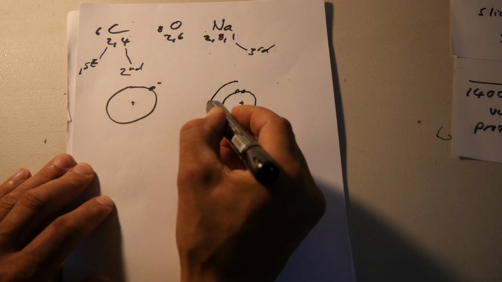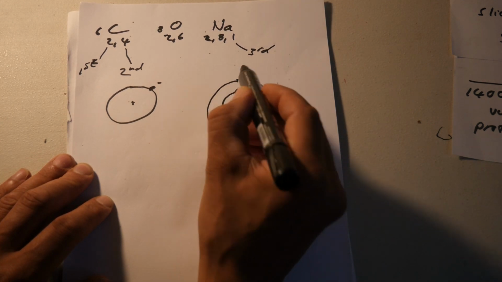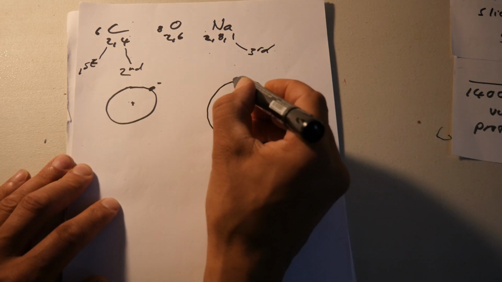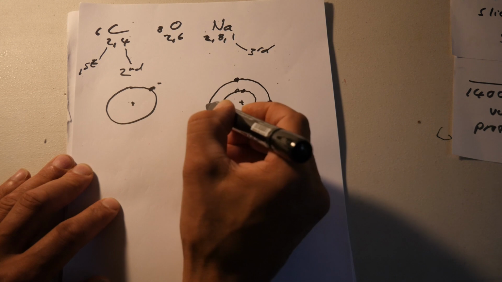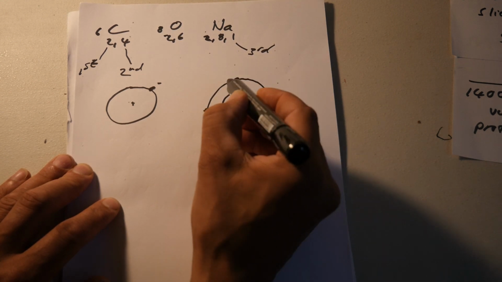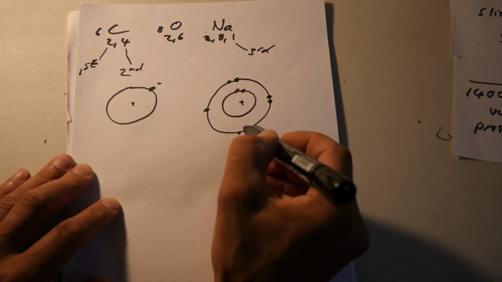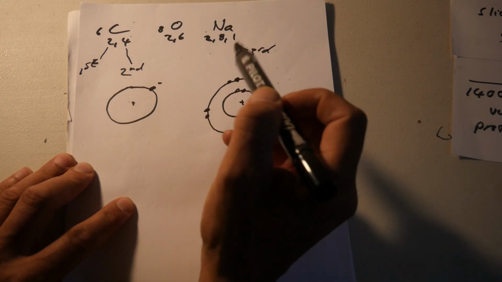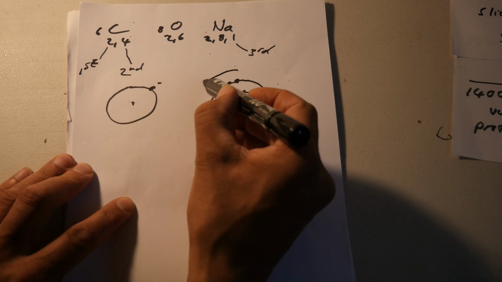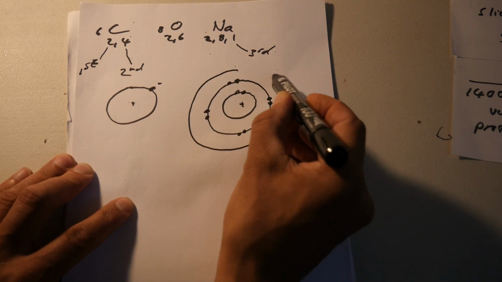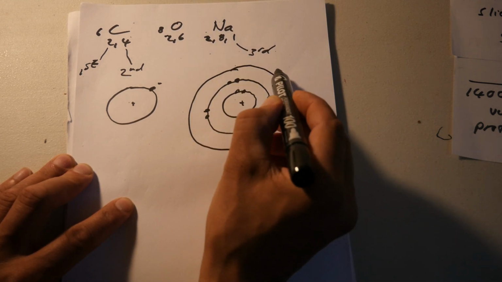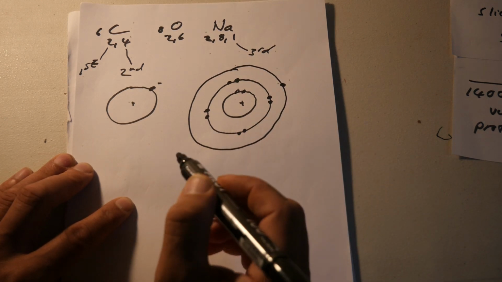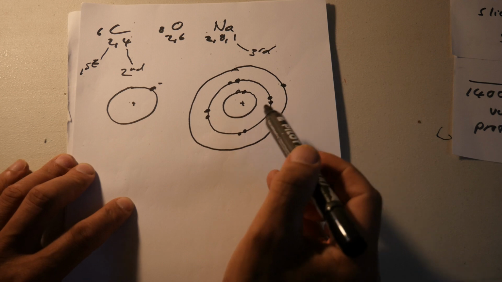Then you have a second shell where you have 8, so you have 1, 2, 3, 4, 5, 6, 7, 8, okay? And then the third shell you have 1, so you put a single one here, okay?